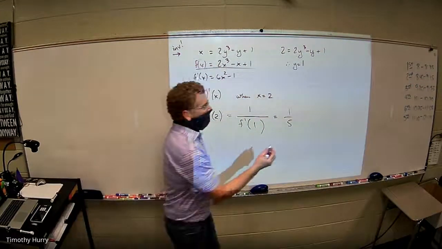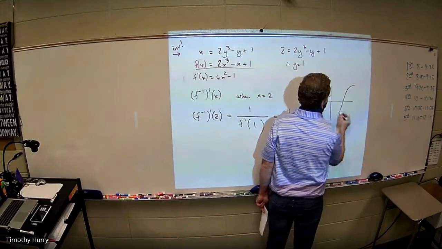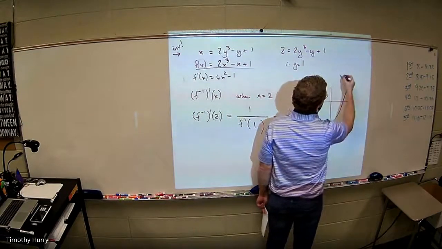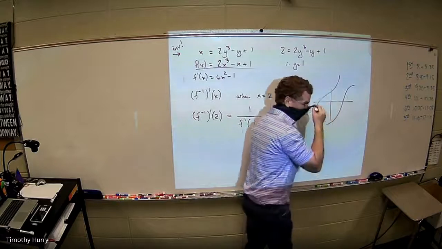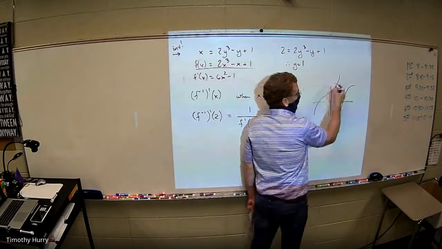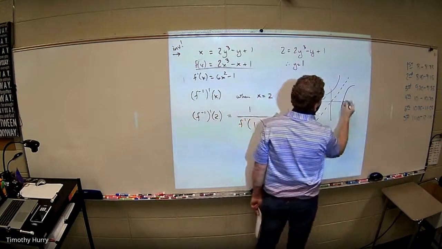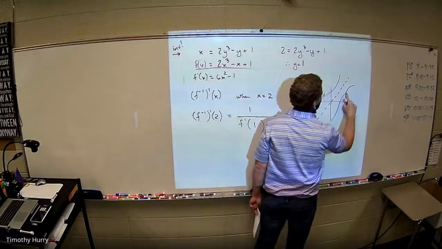But this is the thinking behind it. Say this is a function right here. If that's a function, then this is the derivative, right? Because remember, then this is the inverse, right? Because there are reflections about that. Well, that's not a very good reflection, but let's pretend it is, okay?